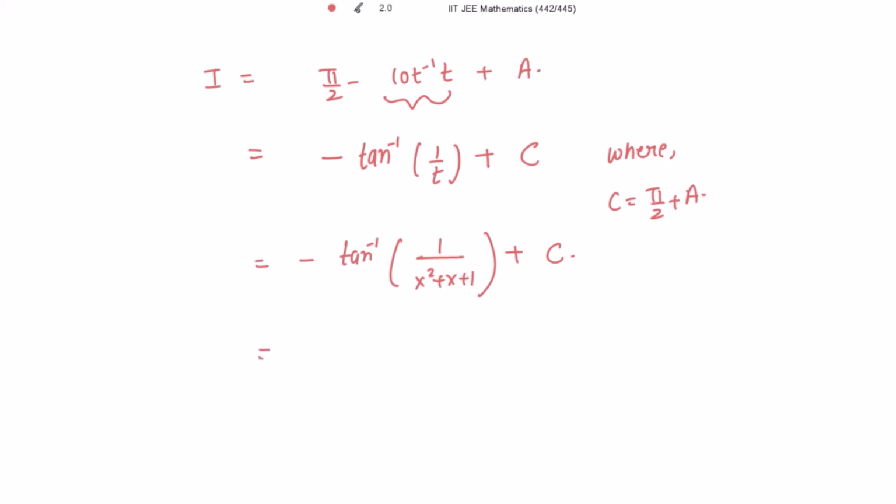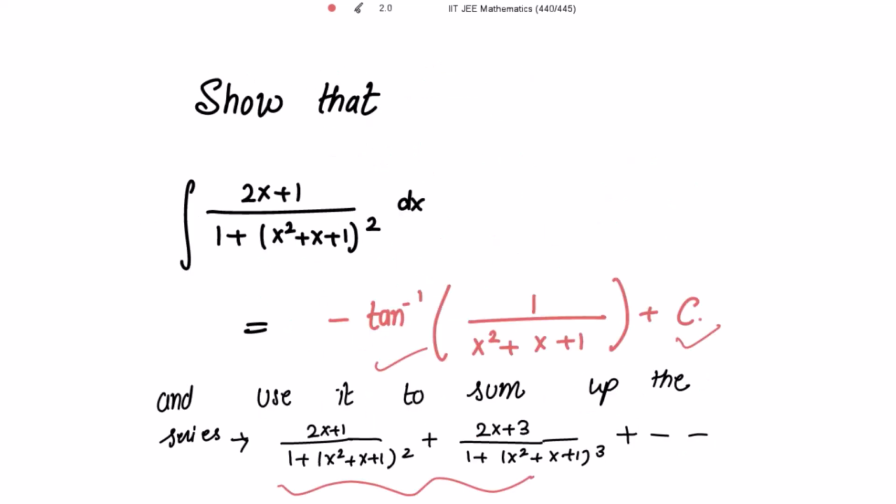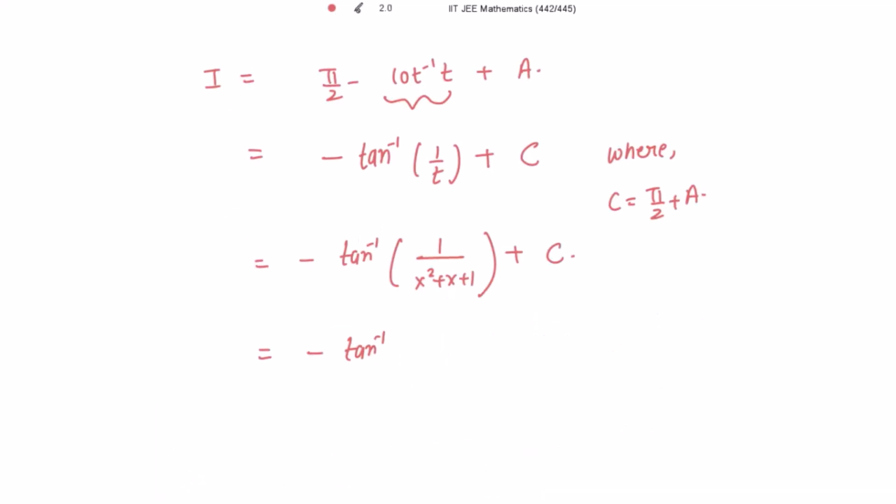Furthermore, I can also write this as negative of tan inverse to make it easier, because we need to find this series, right? So 1 can be written as x plus 1 minus x. Yes, can I write like this? Divided by 1 plus, taking x common, we get x into x plus 1.